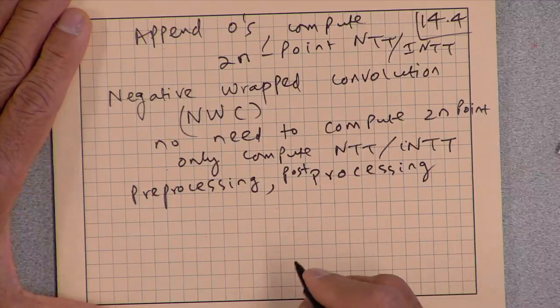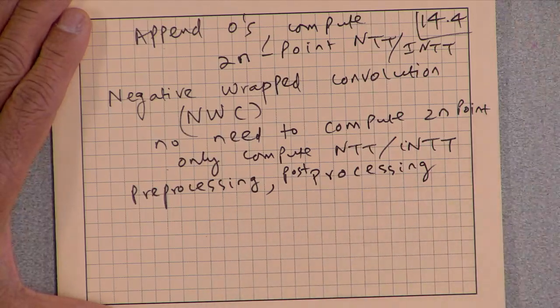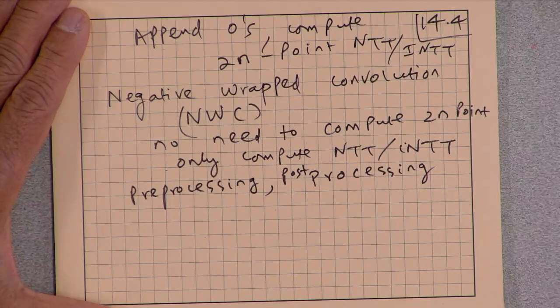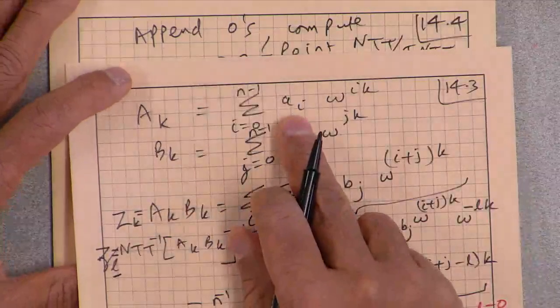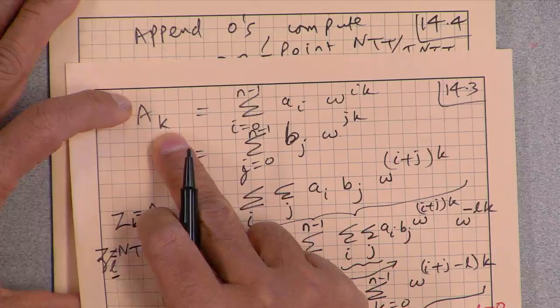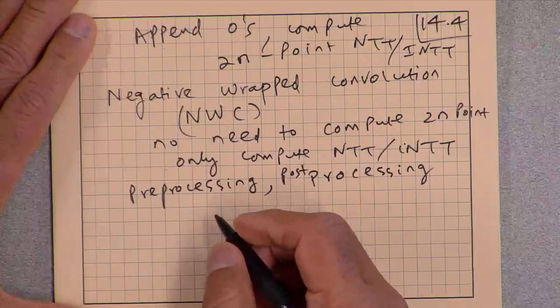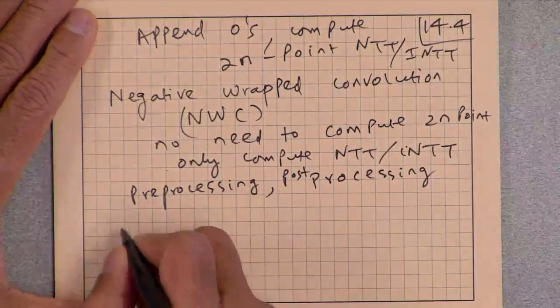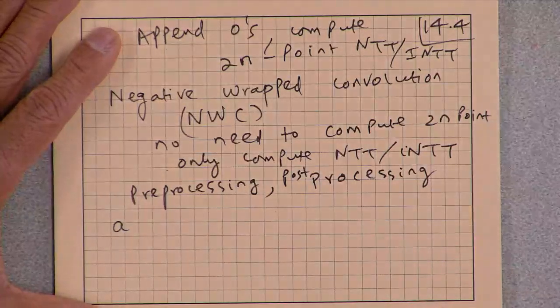So what is the pre-processing that we are interested in? The way the negative wrapped convolution works is that instead of starting with A_I to compute A_K, we do some pre-processing to get A_I tilde.